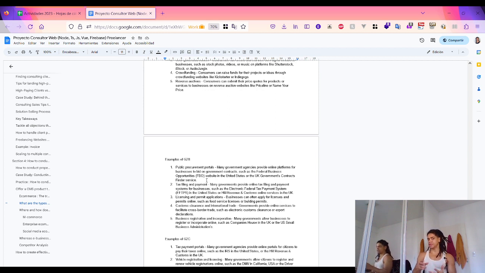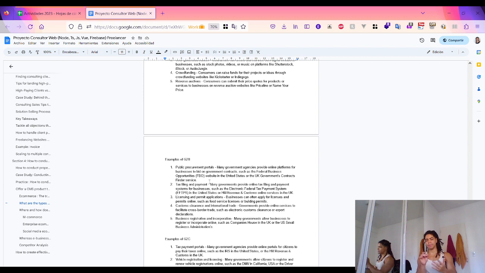Licensing and permit applications. Businesses can now apply for licenses and permits such as food service or building permits. International trade and customs clearance. Governments provide online services to facilitate cross-border trade, such as electronic customs clearance or export declarations.